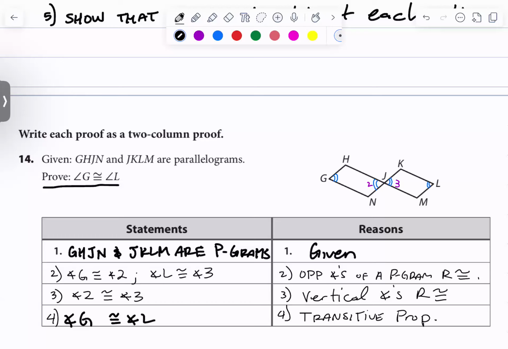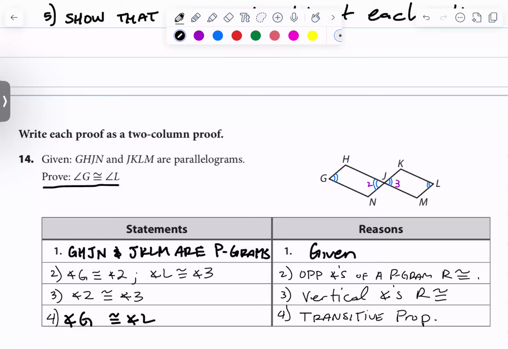Cool? Questions? Yeah, so we're just using our properties of parallelograms to figure out the proof. Okay?